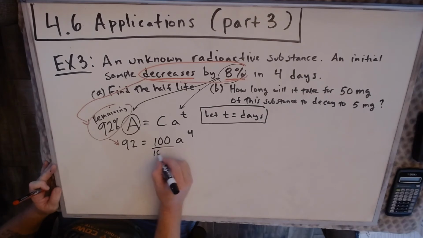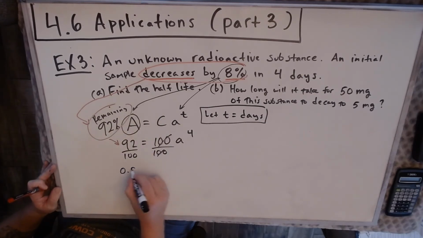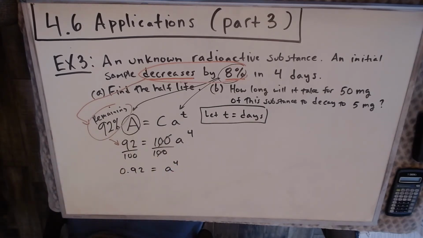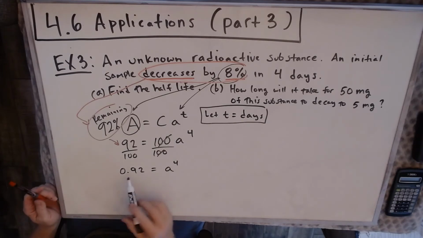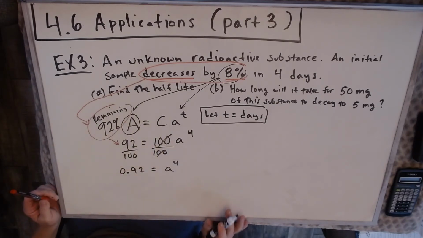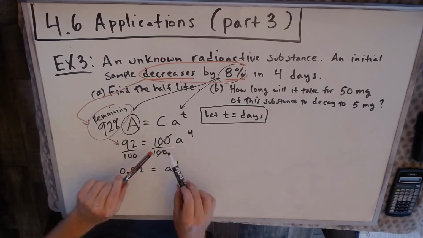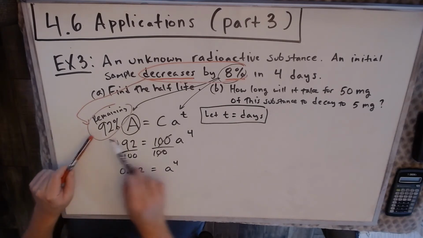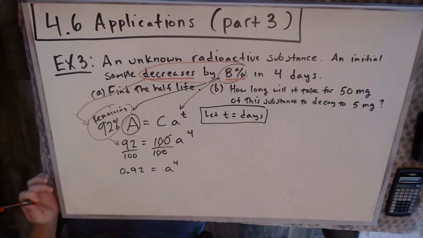You could actually skip this step because when you divide by 100, you're just going to get 92% is a to the 4th power. So you could jump from 92% directly to 0.92 and skip the step of dividing by 100. I like to do it because I like to see the original 100% and then the remaining 92%, and I can confirm that that has in fact decreased by 8%.